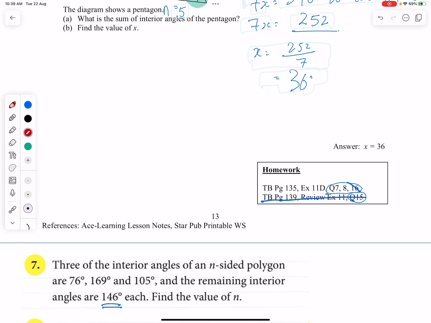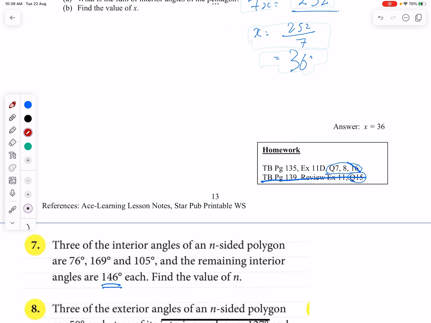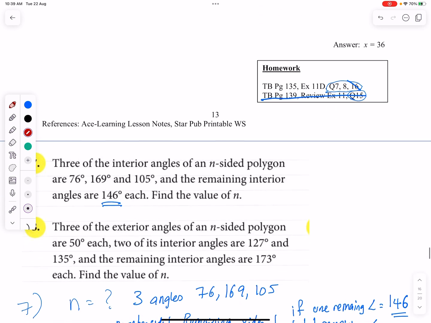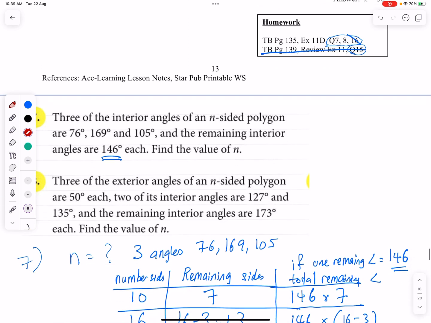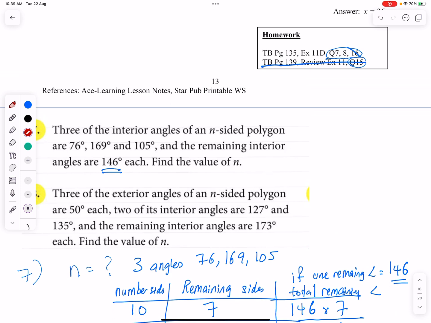Alright, now if you are still listening to this, that means you are not sure how to do question 7. So let's go through question 7 together. Now, so let's have the idea. Now, I know that the three angles are actually the 76, 169, and 105, right?